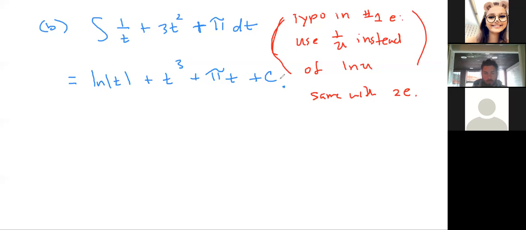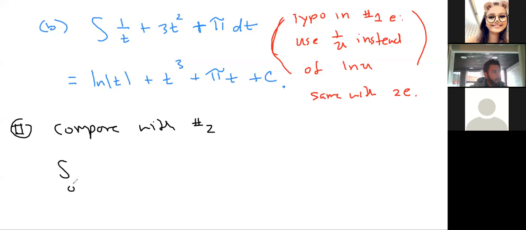All right, now let's do these same problems, only with bounds now, so we can compare with problem 2 on the homework. So let's integrate from 0 to 2. What problem did we integrate before?